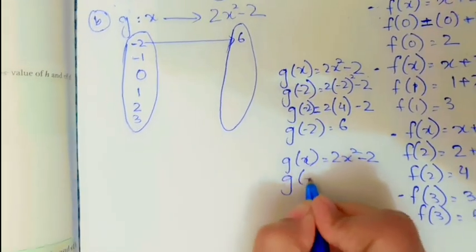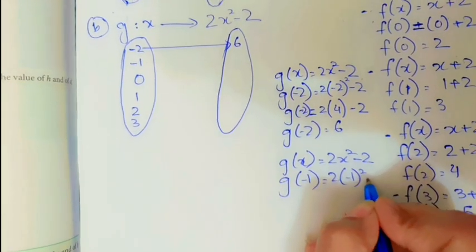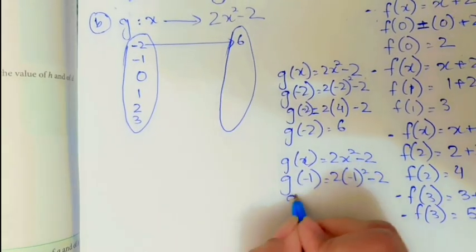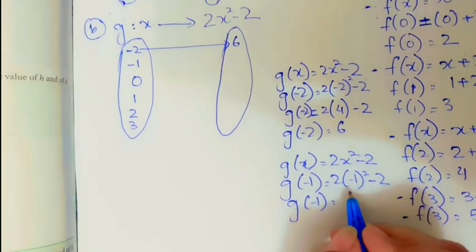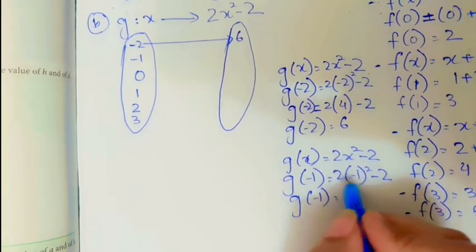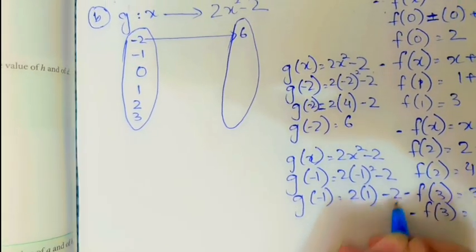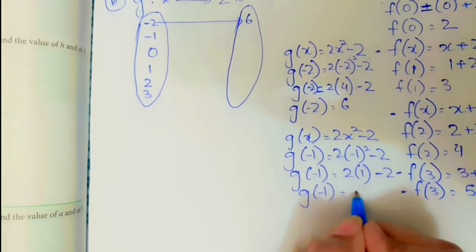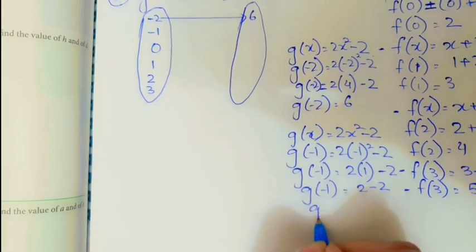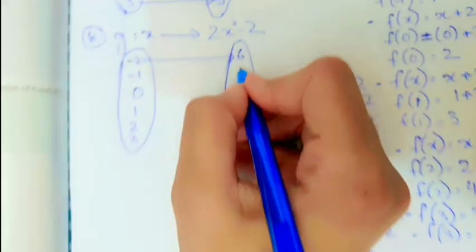The value of x is -1. So 2(-1)² - 2. g(-1): if we multiply -1 by itself, it would be positive 1, and 2 times 1 is 2, minus 2, so g(-1) would be 0. So I'm writing 0 over here.